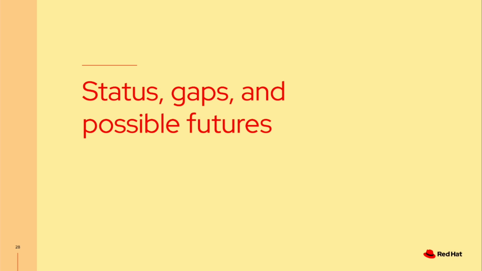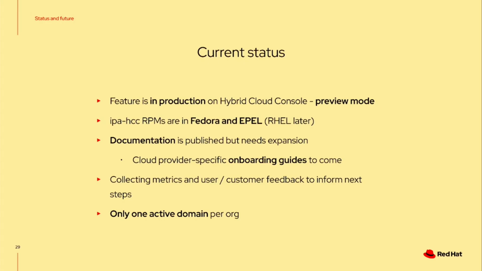So, status, gaps and possible futures for this feature. We are, as you've seen, in production on Hybrid Cloud Console, but in preview mode only. The RPMs are in Fedora and in EPEL, and we are working to get them released in RHEL in the near future. We have published documentation, but we need to expand it, and we would like to set up some onboarding guides specialised to each of the different cloud environments.